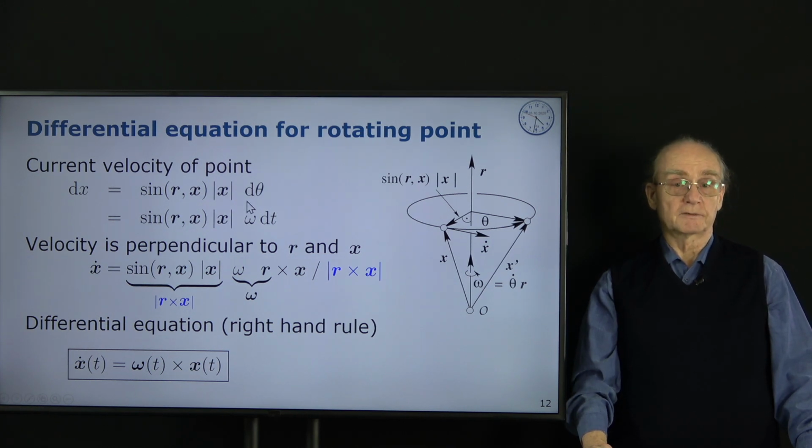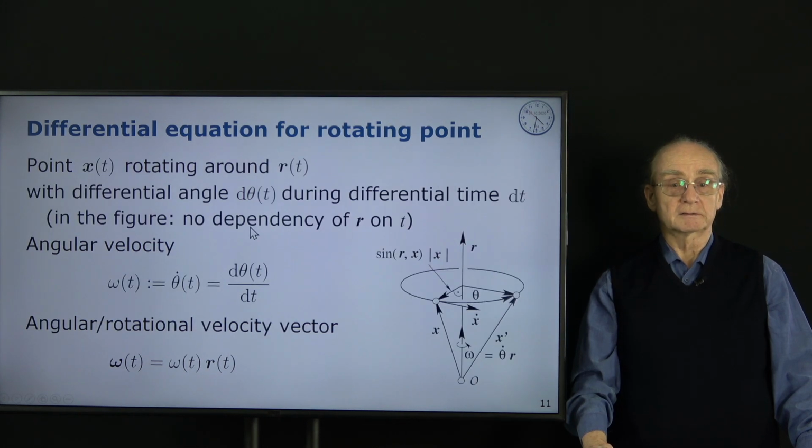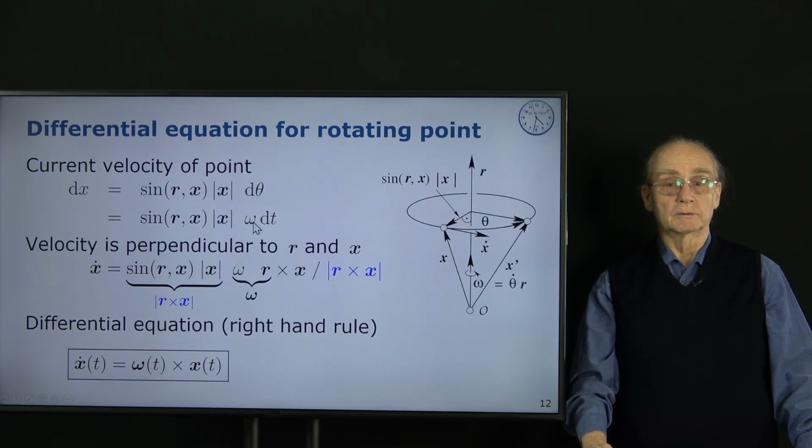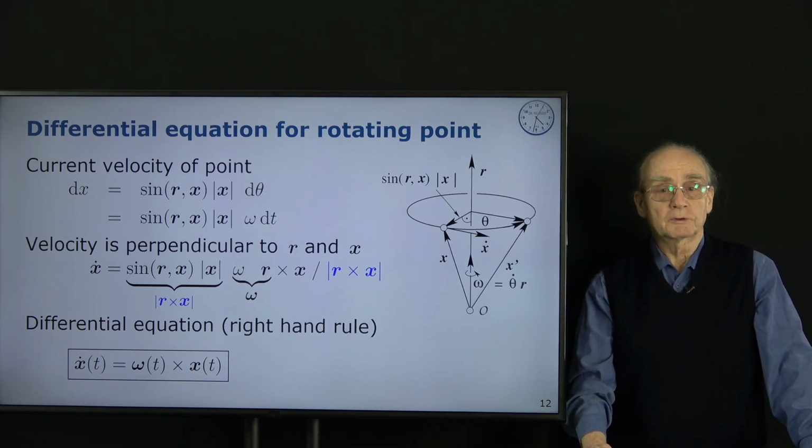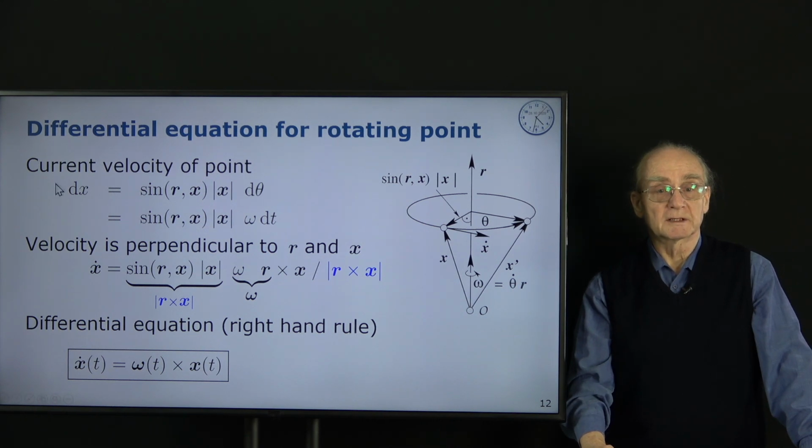Now this small angle, this differential angle d theta, is nothing else than omega times dt. So we can write it in this case. So we have the velocity multiplied with this small time difference. Now we put this dt on the other side to get the velocity of x. But we also want to take into account the direction. Which direction does this point walk? It walks on this circle, so in a short instance, along the tangent of this circle.